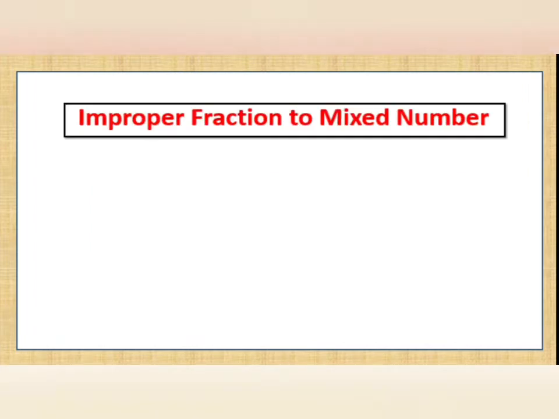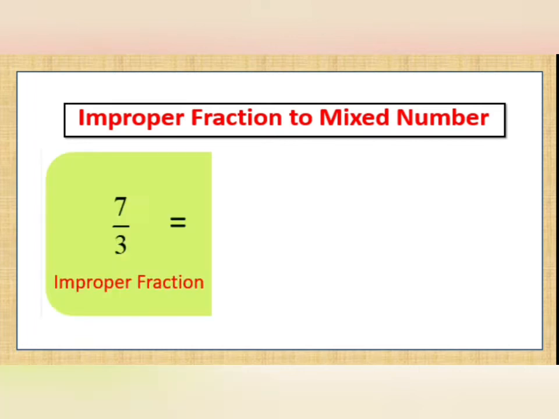Next, conversion of an improper fraction into a mixed fraction. Example, 7 by 3. It is an improper fraction. We are going to convert it as mixed. For that, first we have to divide 7 by 3. 2 times 3 is 6. Then the remaining is 1.